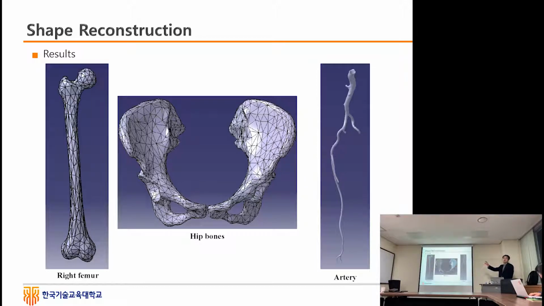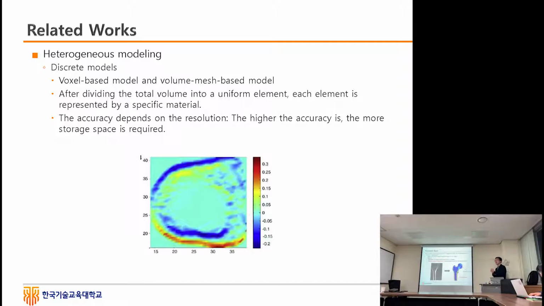This result only represents the outer boundary of a bone. But in my research, I also want to represent the inside of a bone as a function. There is a lot of research on representing heterogeneous models or heterogeneous objects. The simplest method is a discrete model.